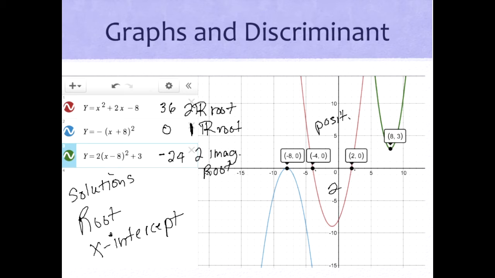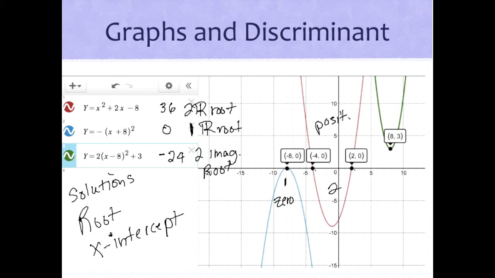In the blue equation, we had a discriminant that was 0. And it only touches the x-axis 1 time. And where? On the vertex. Then over here in the green, where does that green parabola touch the x-axis? It doesn't.